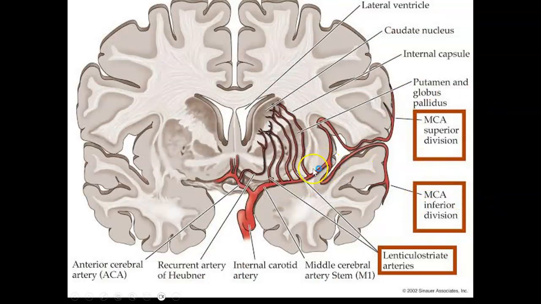So again, this is the middle cerebral artery and the branches from the M1 going to pierce the anterior perforated substance, supplying the caudate, the internal capsule, the lentiform nucleus, and the thalamus.